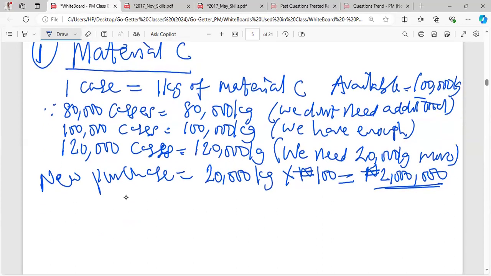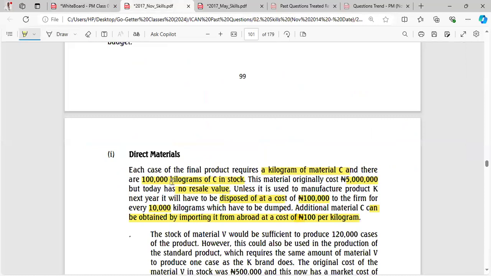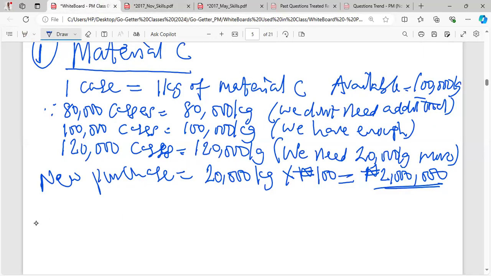120k. Now we are also told that if we do not use the 100,000 kilogram, we have to dump them at a cost of 100,000 naira for every 10,000 kilogram. So what we are going to do now, we'll say dumping cost, which is relevant because if we don't use it, we will dump it.